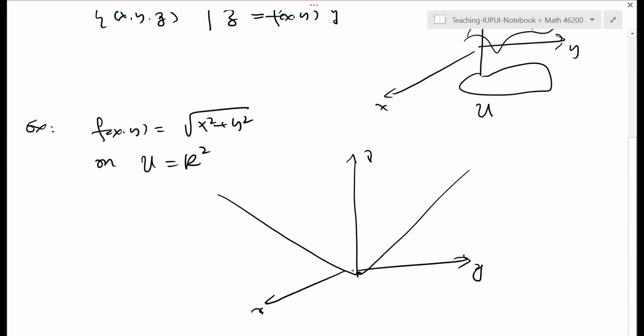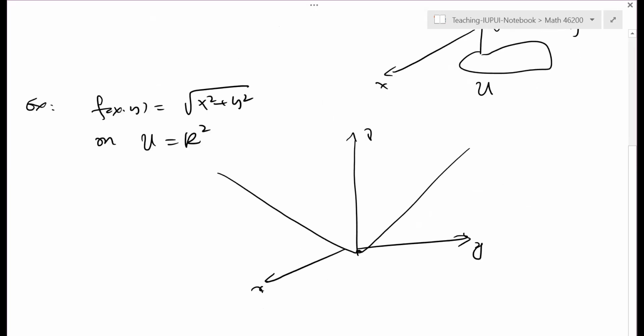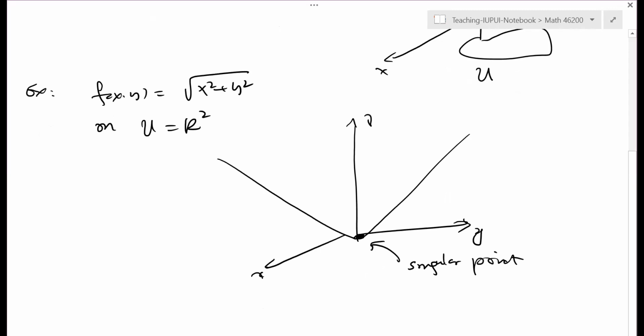This is a surface, but to you it's obvious, right? It has a single point, the vertex. Everywhere else, it's a nice smooth surface in the usual sense, and we are going to give a more precise definition.